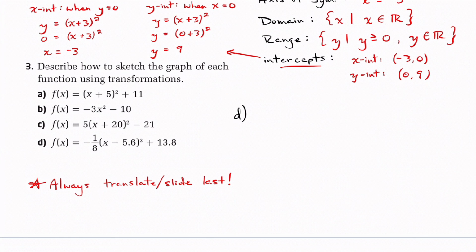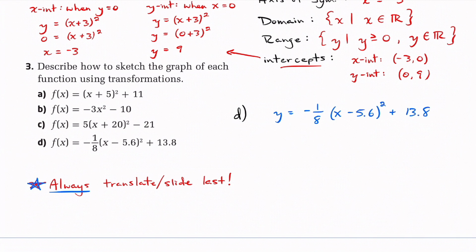Number 3 here says describe how to sketch the graph of each function using transformations. And just a special note for this, always do your translations or your slides last. So do the stretches or the flipping first and then translate or slide last. And we're going to do D. Okay, so in D, I'm just going to write that out over here.